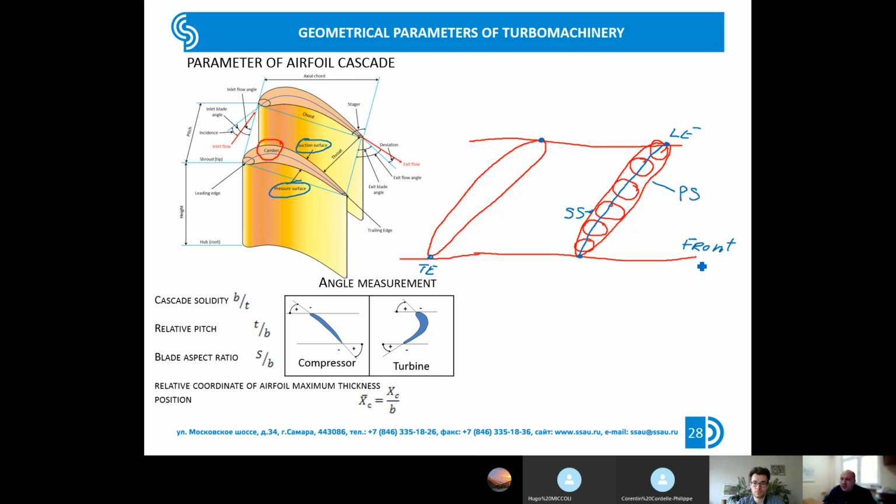You see that we have two fronts, the inlet front and the outlet front. In this case, this is the outlet front and this is the inlet front. If we speak about a centrifugal compressor or centripetal turbine, the front will have a circular shape. It will be round.